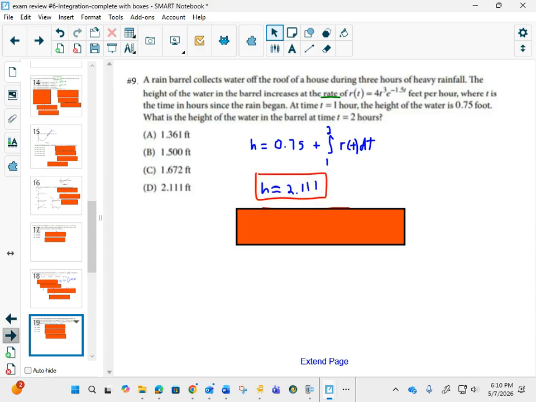Oh my god, look at how big. If FT is the abbreviation for feet, what is the abbreviation for foot? The same thing. What are you saying? I don't know.